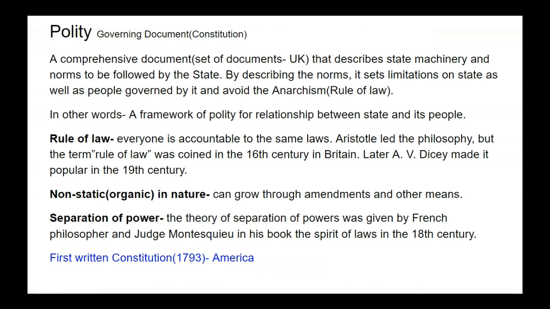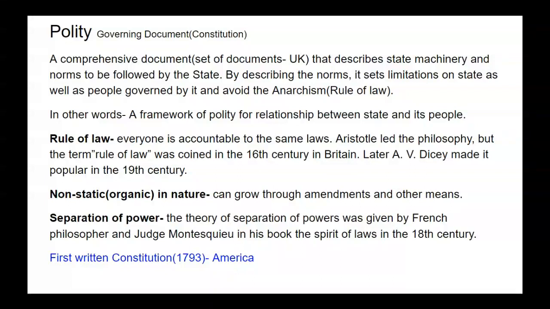The constitution is non-static in nature. It is organic in nature, meaning the constitution can grow through amendments and other means. Basically, a lot of additions can be made in a constitution. And constitution gives details about governance.